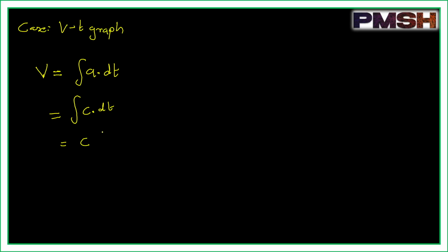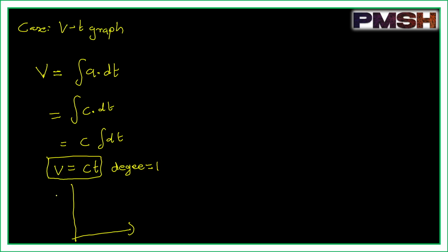C will be taken outside. Integral dt means it is t, so v is equal to ct. You can observe the degree of this polynomial is 1. So the velocity time graph will be a straight line with a non-zero slope. Clear?